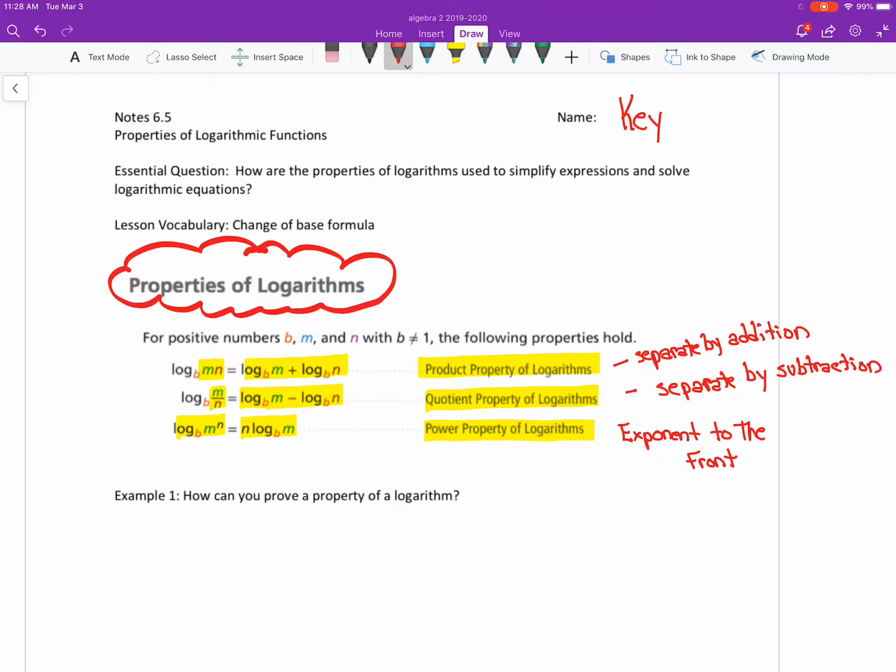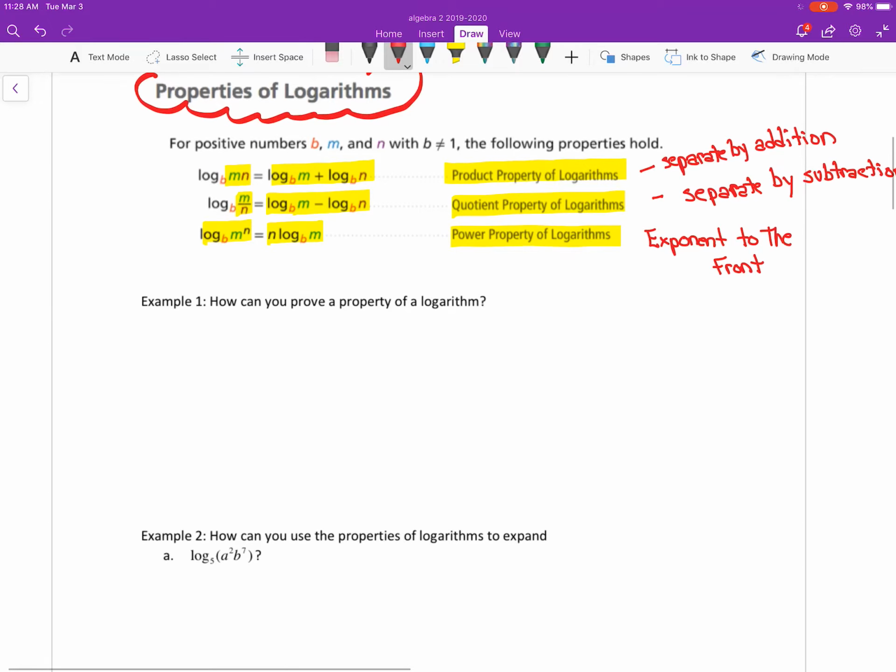All right, so how can you prove the property of a logarithm? Let's say we let x equal log base b of m and y equals log base b of n. And b to the x equals m and b to the y equals n. And that's by converting from a logarithmic form to an exponential form.